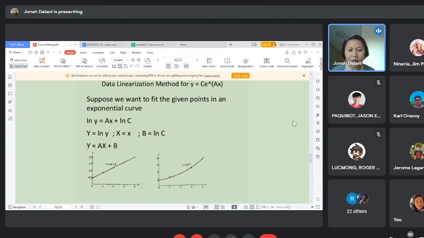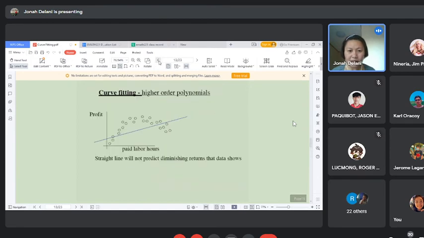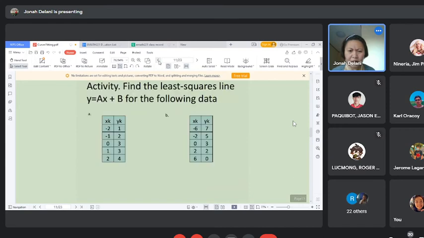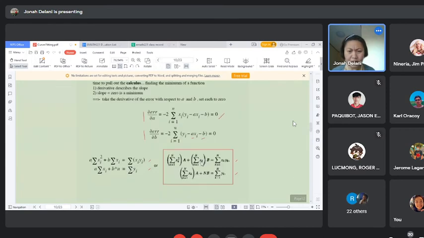So we would have y equals ax plus b. Notice this part here is a linear curve, right? It is a line. So we would be using the same technique as before to solve for a and b.